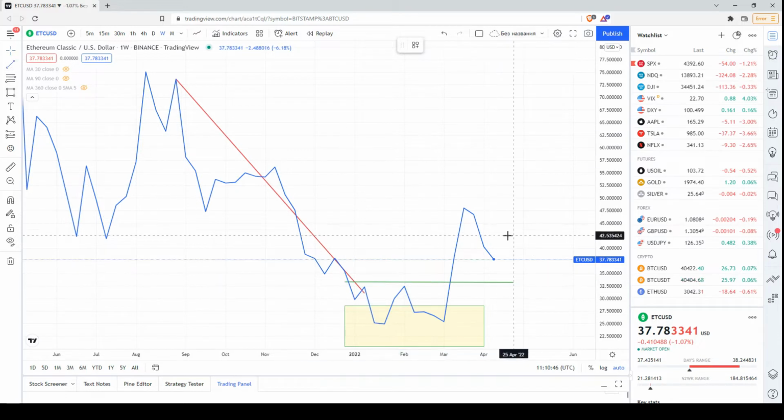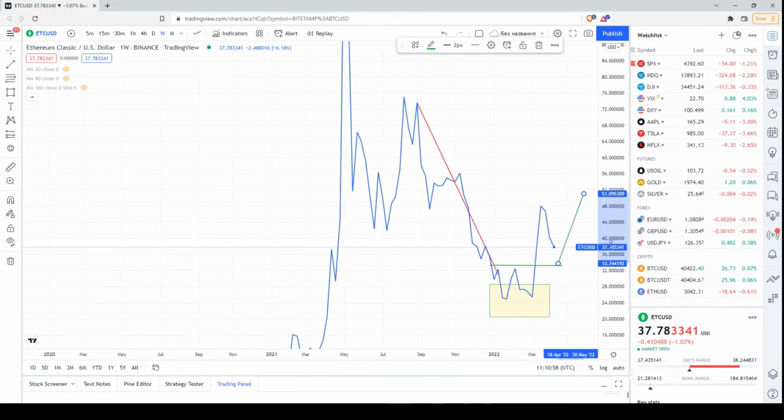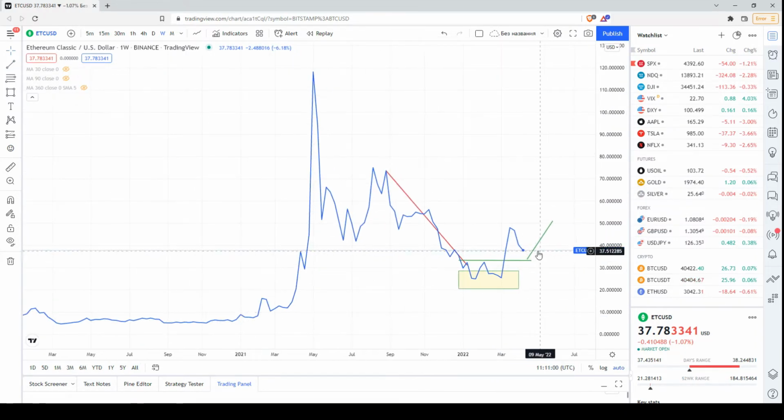If the price receives enough support at this level, and it rebounds and surpasses the previous local high, this will be a bullish signal. If something like this happens here, once the price surpasses the last local high, we will receive a buy signal. So this is what I wanted to highlight.